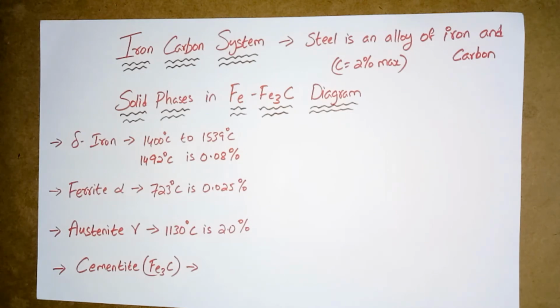Cementite has 6.67% carbon and is very hard and brittle, and its presence has a significant influence on the properties of steel. It imparts strength and hardness to steel.